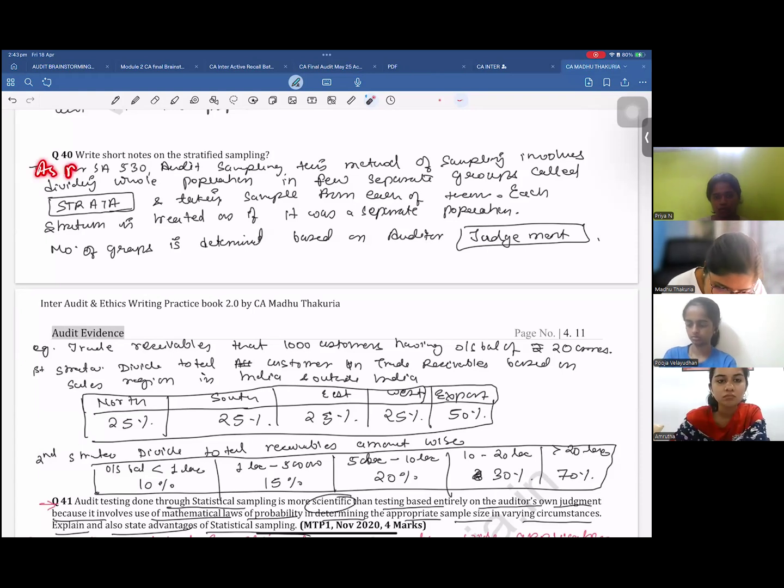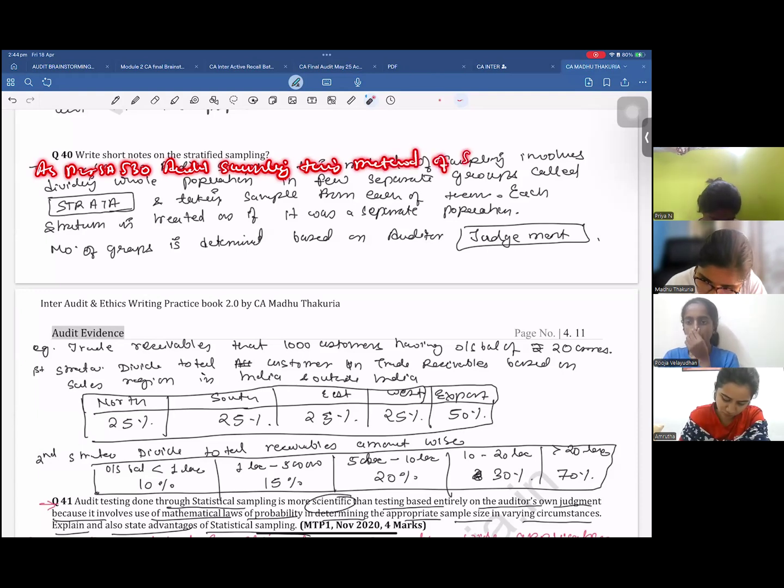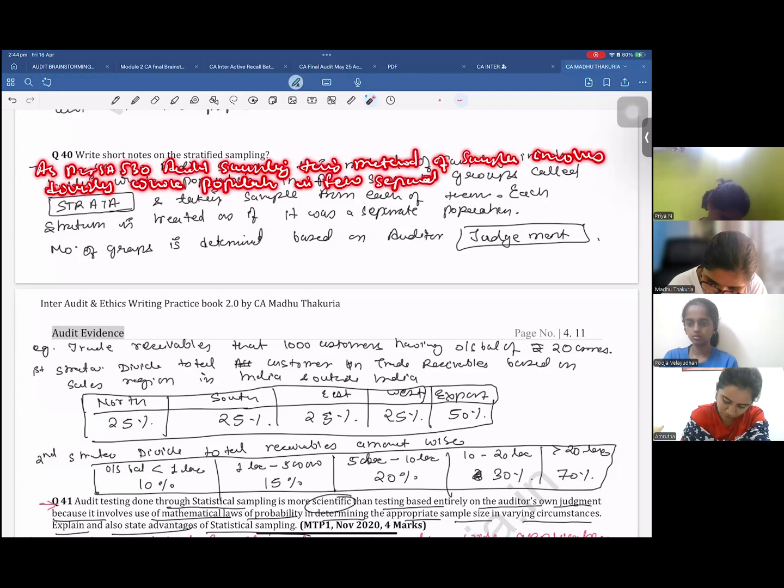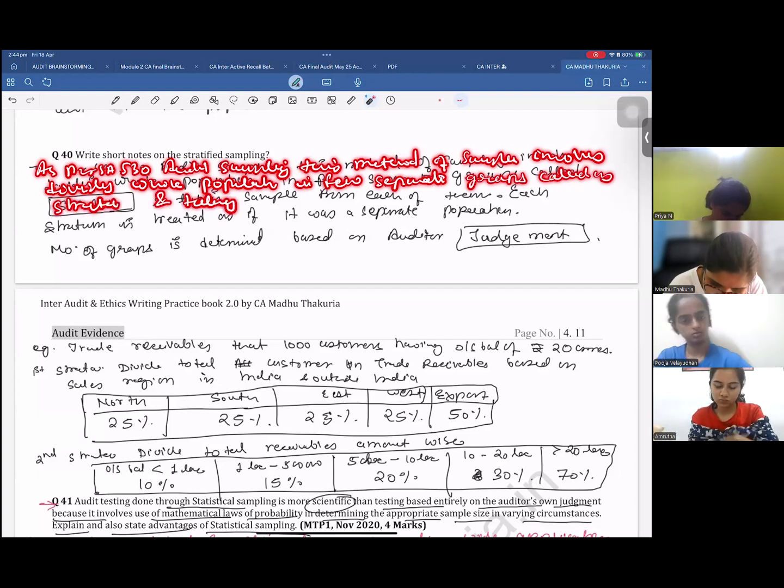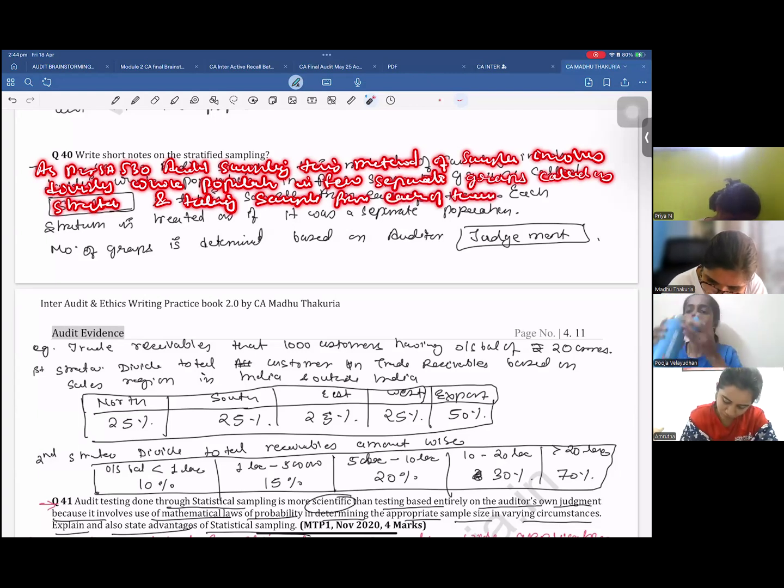So you'll write, as per SA 530, audit sampling: this method of sampling involves dividing the whole population into a few separate groups called strata and taking a sample from each of them.